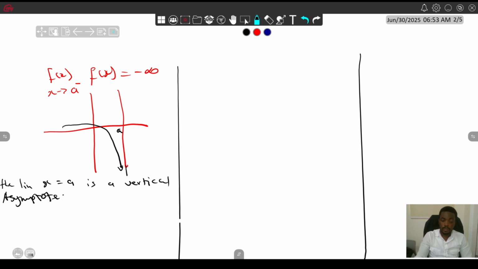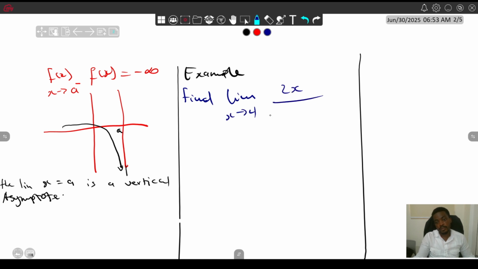Let's look at an example. Let's say we should find the limit as x approaches 4 of 2x all over x minus 4. Let's see what happens when x approaches 4 from the right.